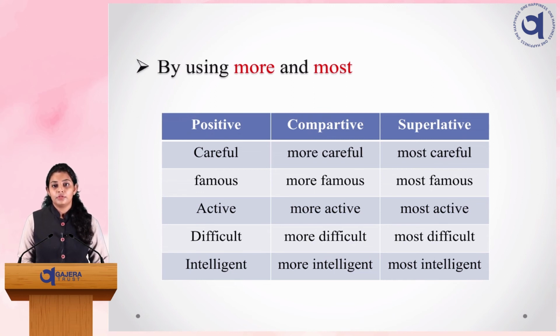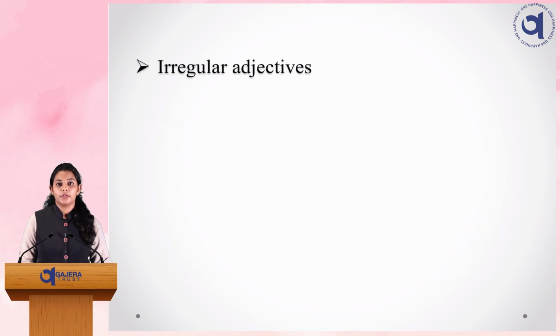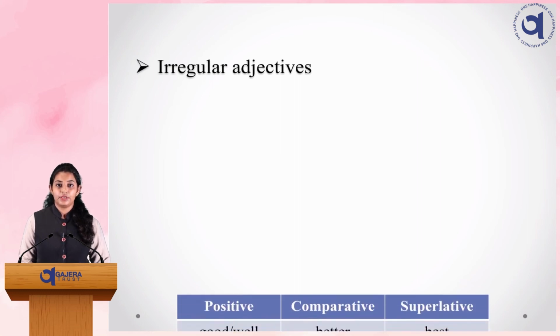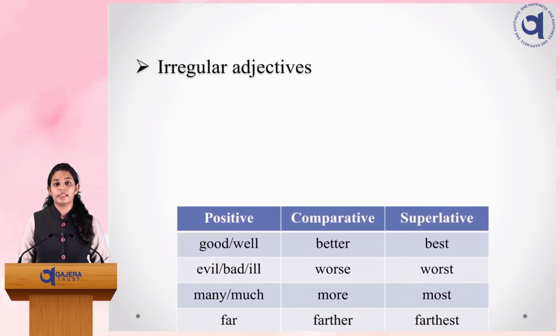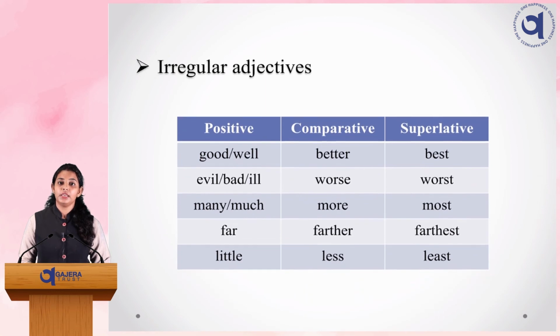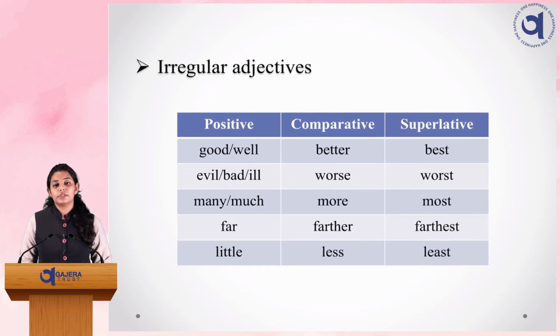Now, another rule, irregular adjectives. Now we are talking about irregular adjectives. So here are some irregular adjectives that we are using very rarely. So see the examples in positive form, good or well. See the comparative form is better and superlative form is best. Then next is evil, bad or ill.